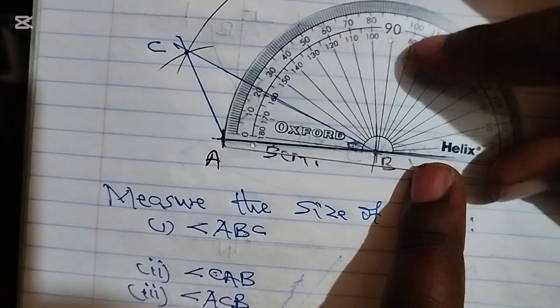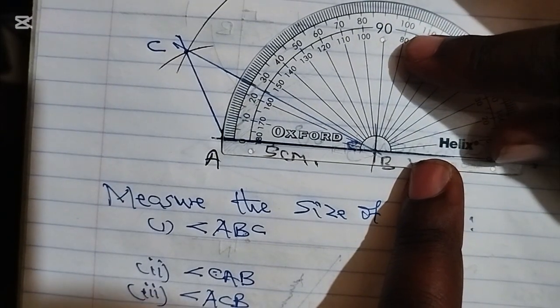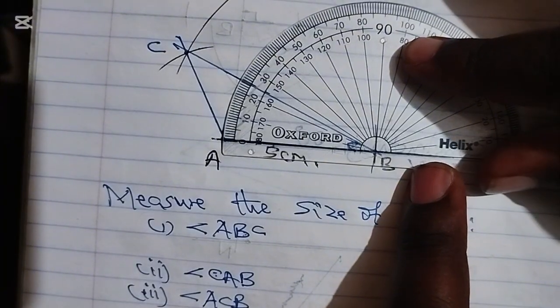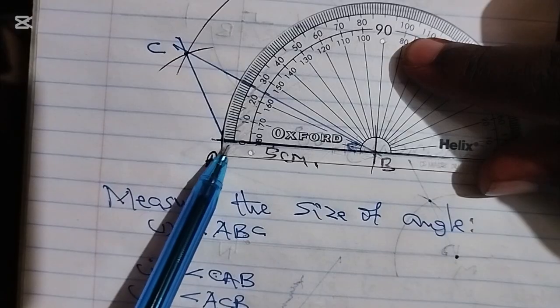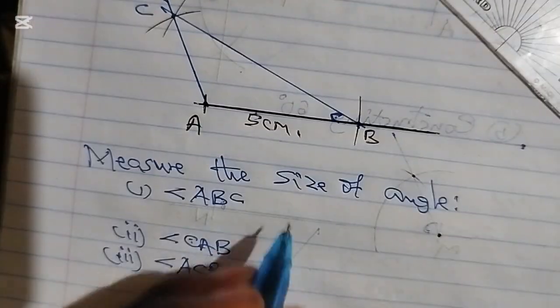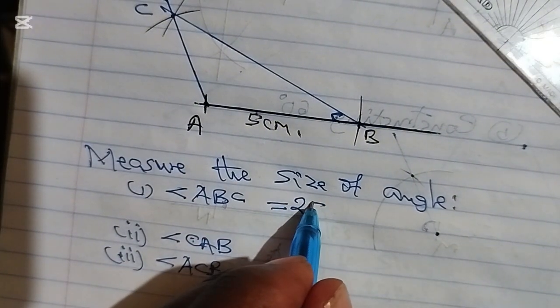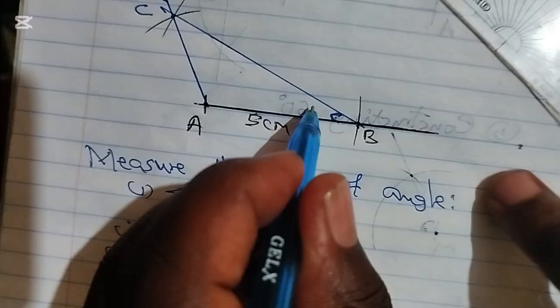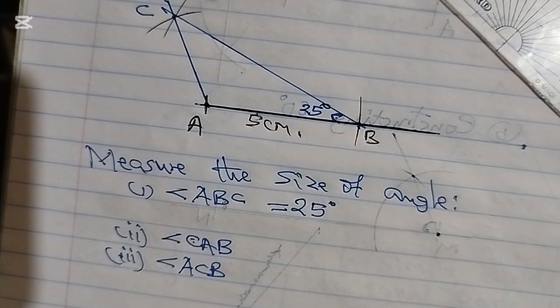Be very keen here, ladies and gentlemen. I'm going to read the outer scale, because the outer scale is the one starting with 0, 10, 20, 25. So that angle here is 25 degrees.